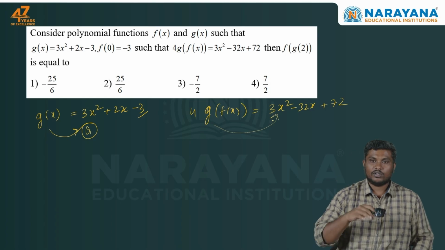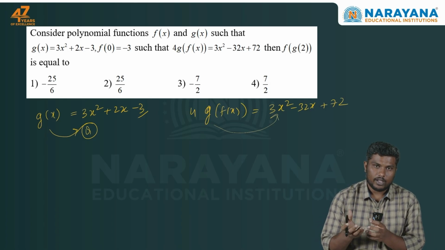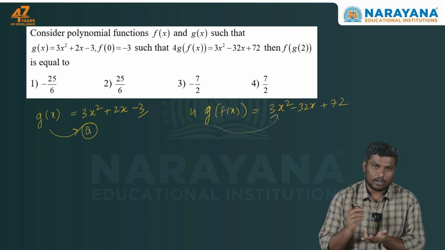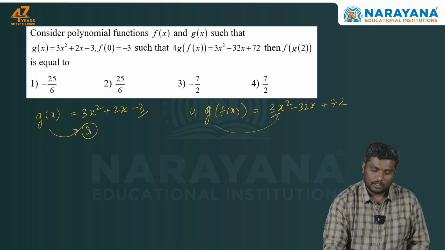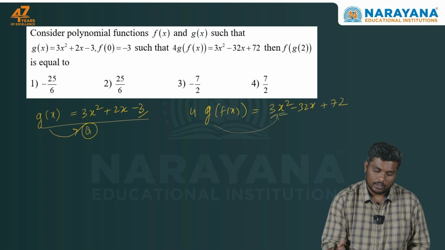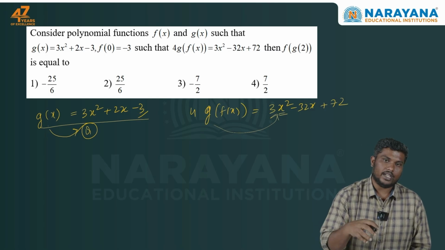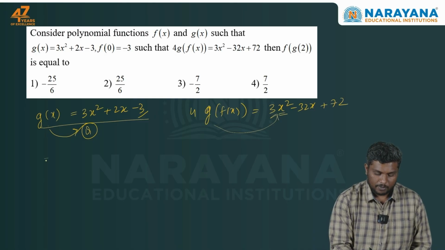You're getting it? So g of f of x, if you take any polynomial, if you take it as linear or quadratic or cubic, based on that the powers might get increased. But g of x being quadratic, after substituting f of x in place of x, we are still getting a quadratic expression. This implies f is a linear polynomial.